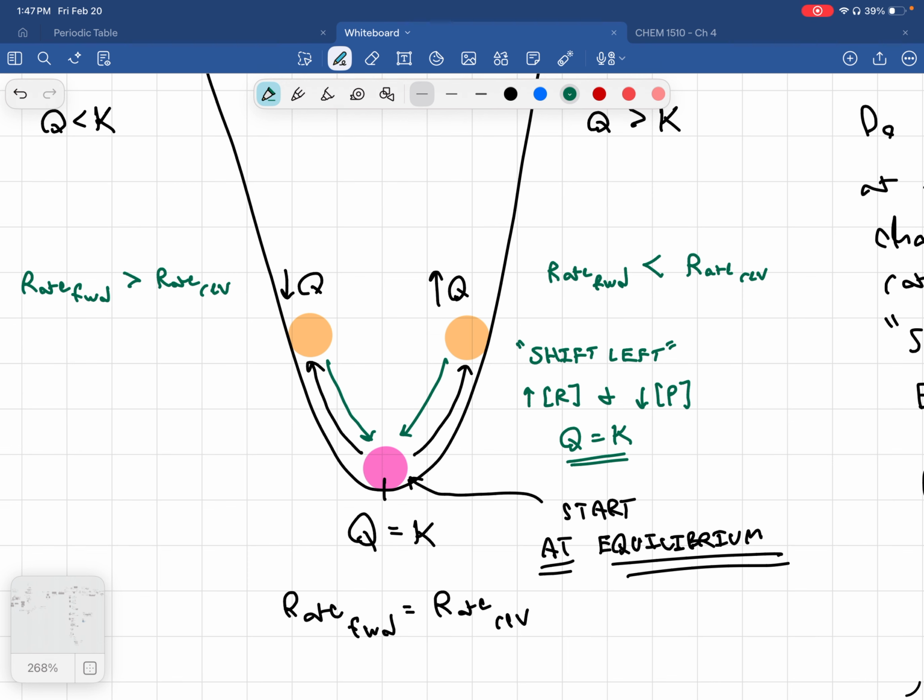Again, that could be making the forward rate faster without affecting the reverse rate, or making the reverse rate slower without affecting the forward rate, or it could be something that affects both, but it increases the forward rate more than it increases the reverse rate, or it decreases the forward rate less than it decreases the reverse rate. All of these will lead to the equilibrium shifting right.